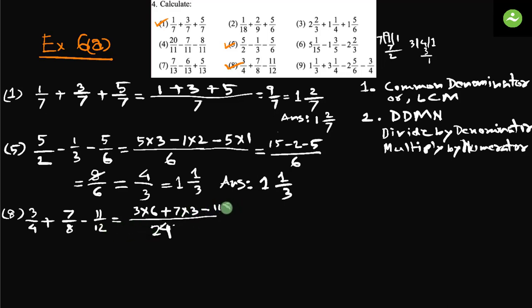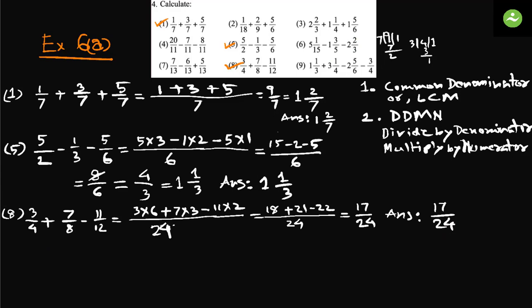So 11 into 2 equals to 18 plus 21 minus 22. 24 is the denominator, and here it should be 17 by 24. That should be the answer. 17 by 24.